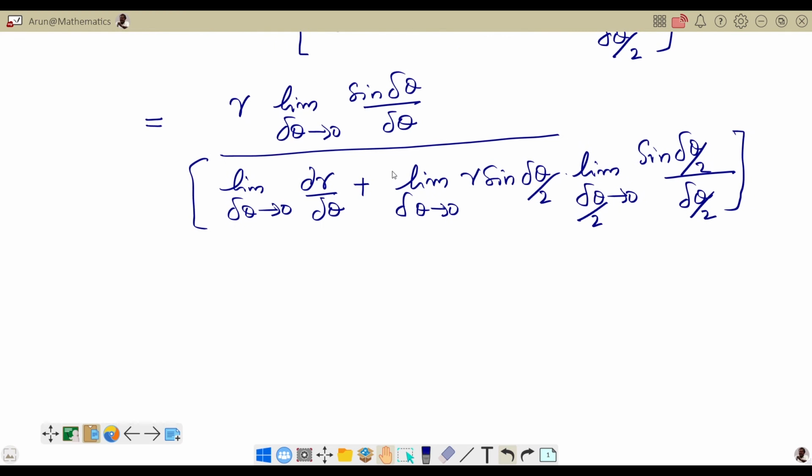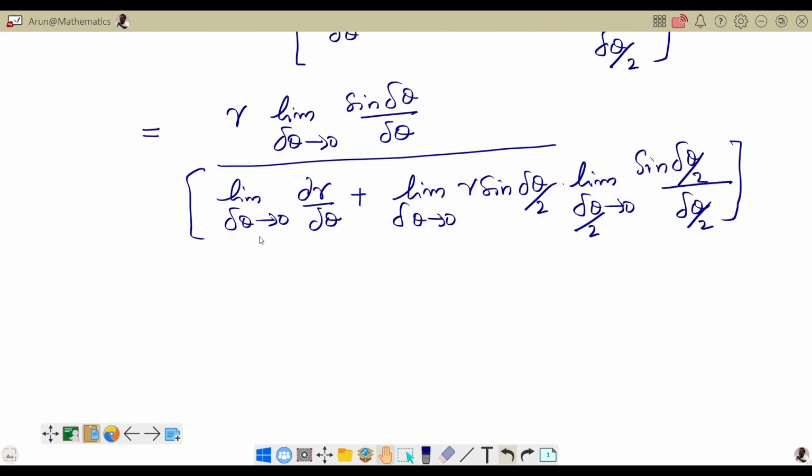So this is equal to R divided by, we know that limit delta theta tends to 0, delta R by delta theta is dr by d theta, plus R into this quantity, limit delta theta tends to 0, sine delta theta by 2 is 0 into 1.